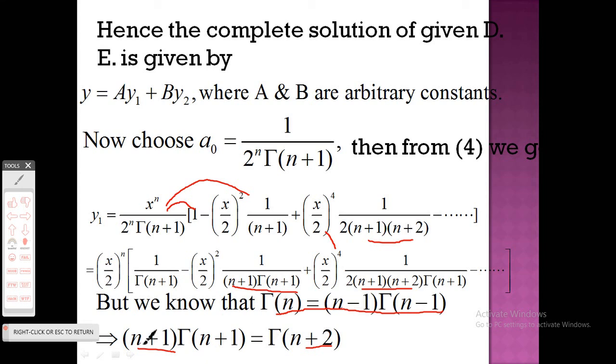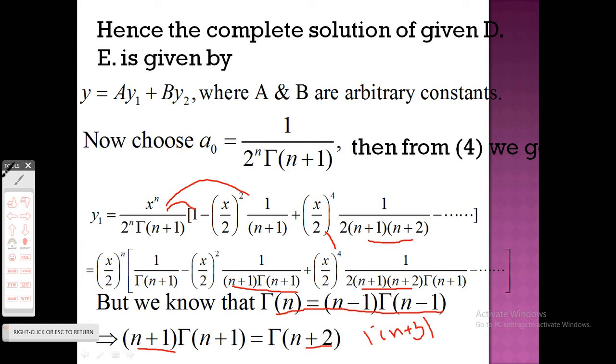When it is n plus 1, the next value is n plus 2. Therefore, (n+1) Γ(n+1) we take as Γ(n+2) by the definition of gamma function. Similarly, (n+1)(n+2) Γ(n+1) we take as Γ(n+3) by the definition of gamma function.